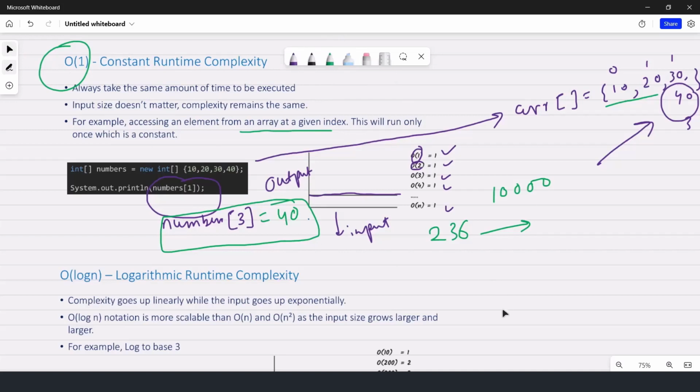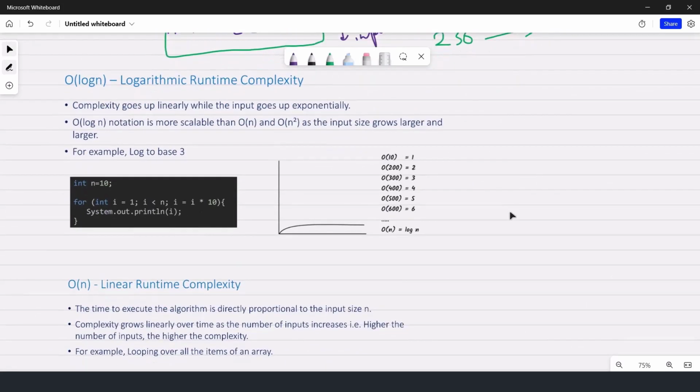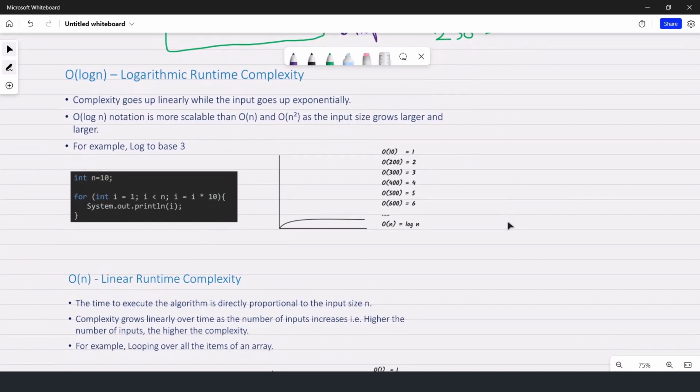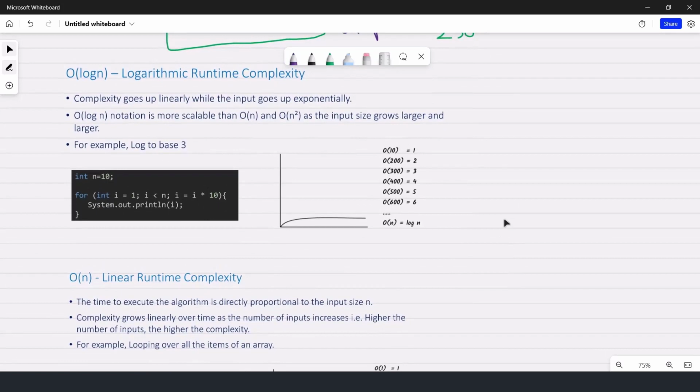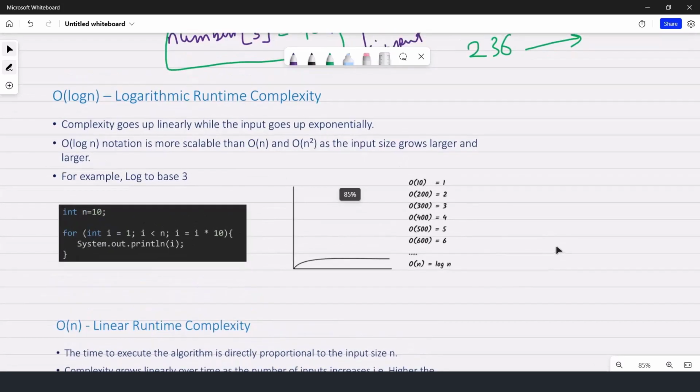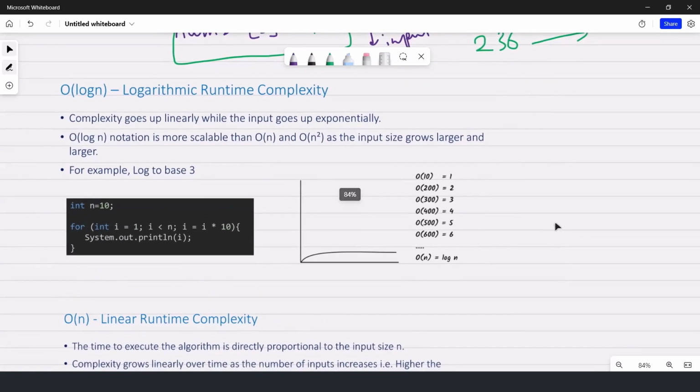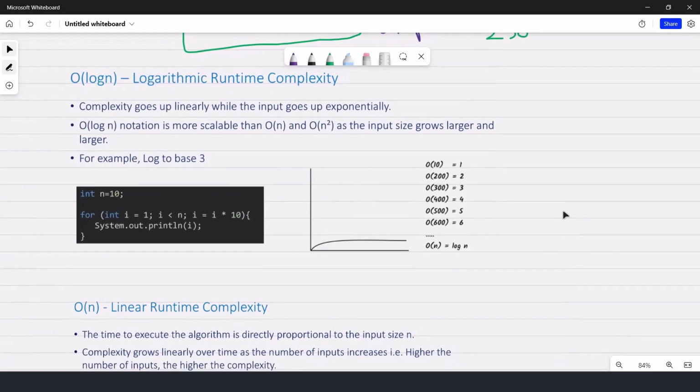Next up that we're going to see is O of log n, that is logarithmic running time complexity. Let me make it bigger a bit. Now it looks cool. So, logarithmic runtime complexity. In this snippet of code, you see that it can be analyzed in terms of time complexity and space complexity, right?